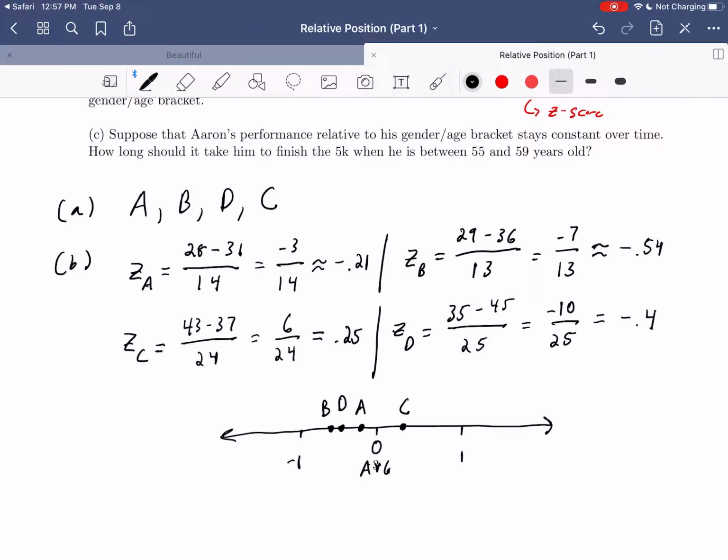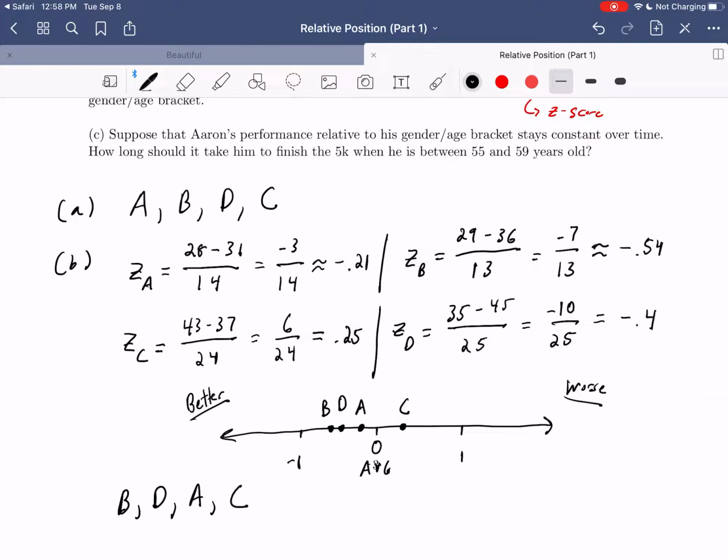Okay, now, which side is better, which side is worse? Well, again, for a race, you want as low of a time as possible. So this is better over here, the further below average you are, and this is bad on this side. So in terms of the order of how they finished relative to their gender and age bracket, we would order them as Brenda did the best, then Danny, then Aaron, then Carl.